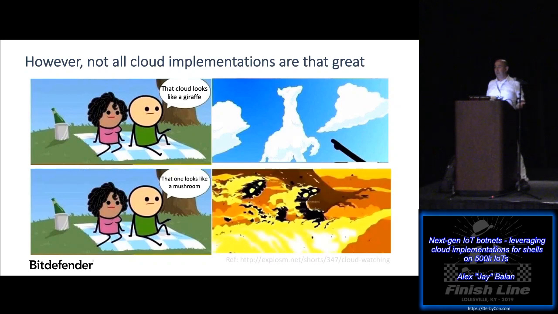But as we have come to realize upon a closer look, not all cloud implementations are very well implemented. And as we're going to see, the cloud platform itself is pretty decently designed. However, the implementation by the vendor is not that decent.